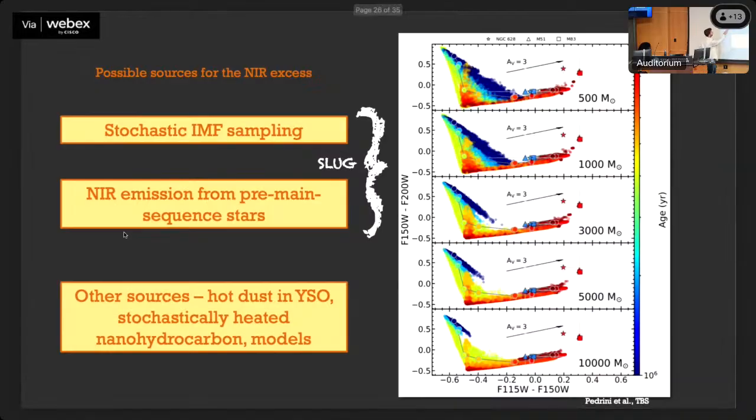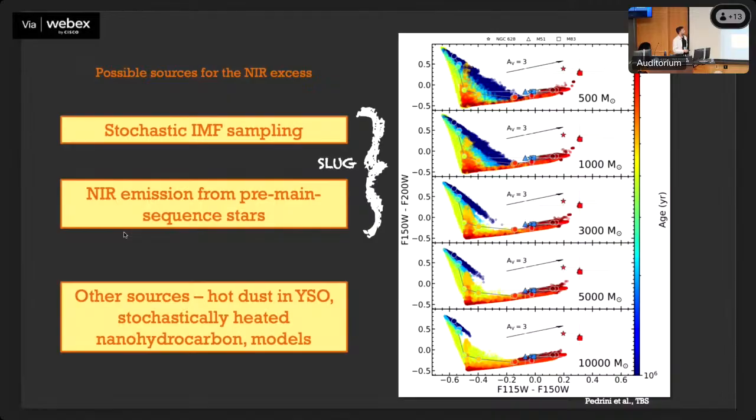But then we analyzed the first two. We use the code SLUG, which can implement stochasticity in the IMF sampling, and can also look at pre-main sequence stars in the stellar models. And we actually see that, when we account for extinction, the scatter we observe in the SLUG trials can partially explain the scatter that we observe from the deterministic models in these wavelengths.